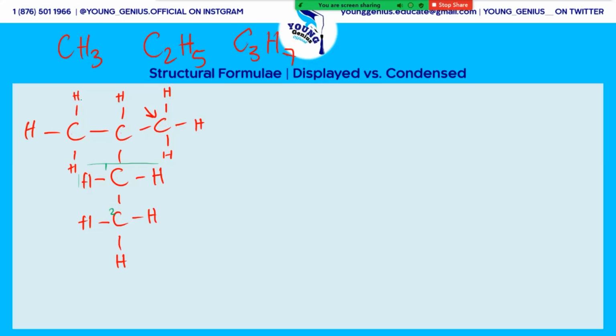But the longest carbon chain is actually 1, 2, 3, 4 carbons long, and not 3 carbons long. You see? It's on the second carbon.